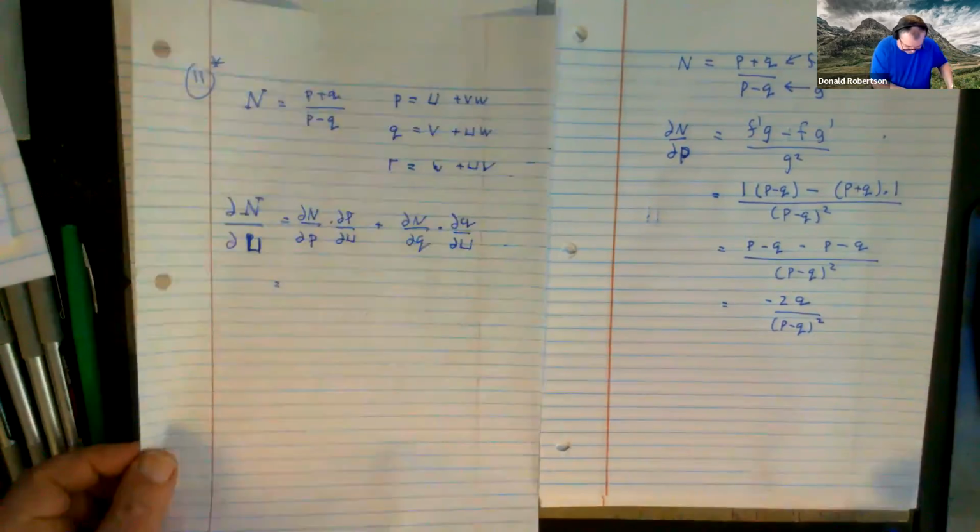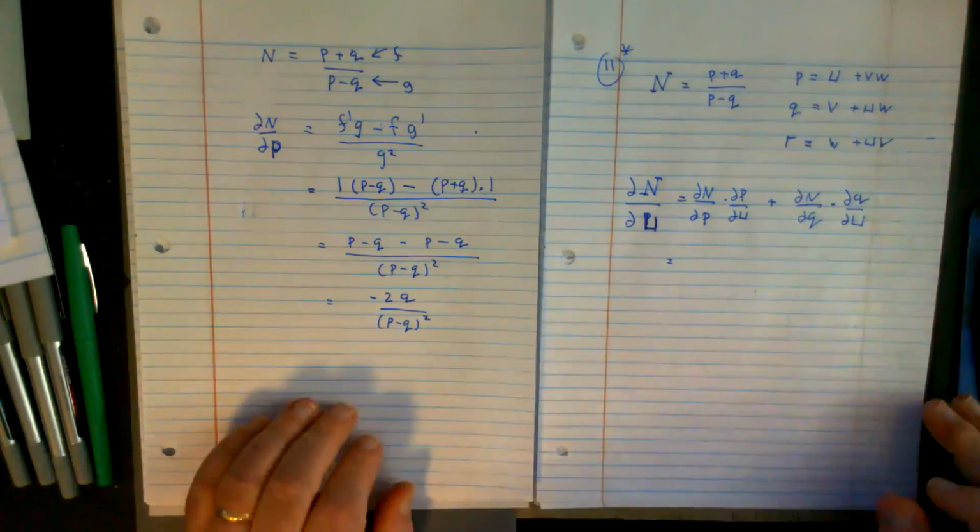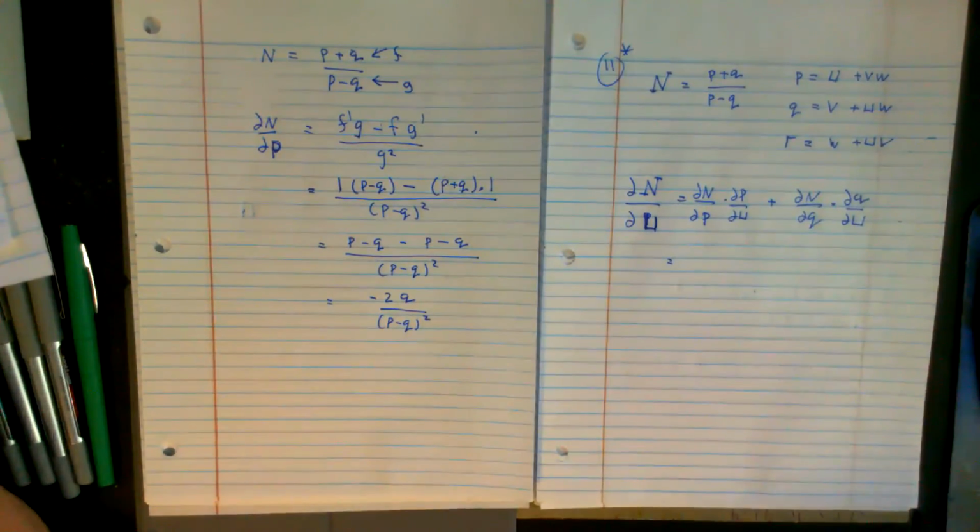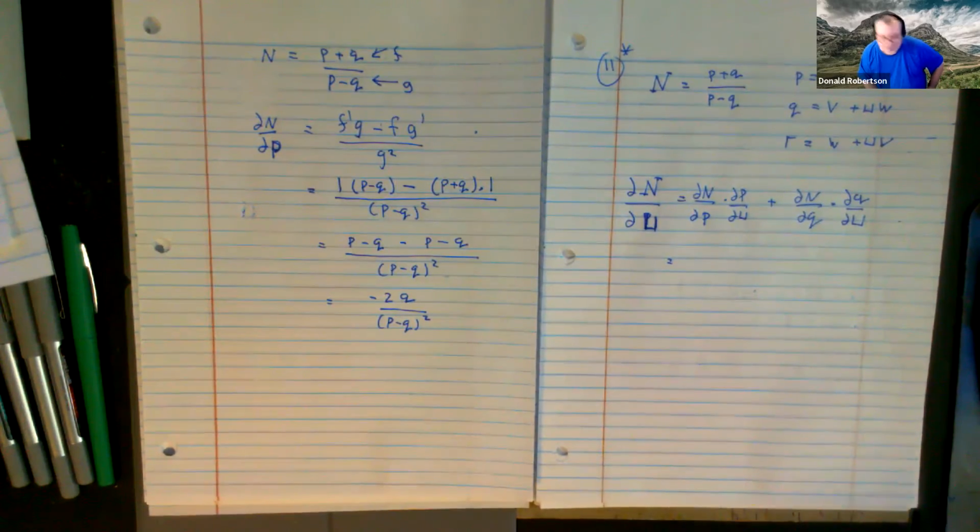So, return to here. Yes. Was it supposed to be, for the quotient rule, was the second term p plus q? Or did you distribute your negative? I distributed my negative.